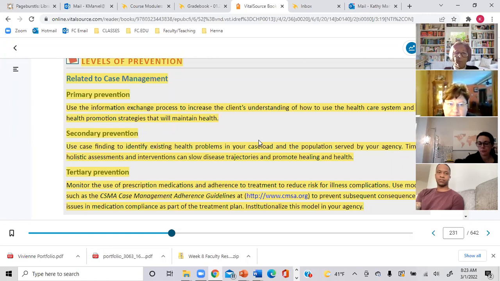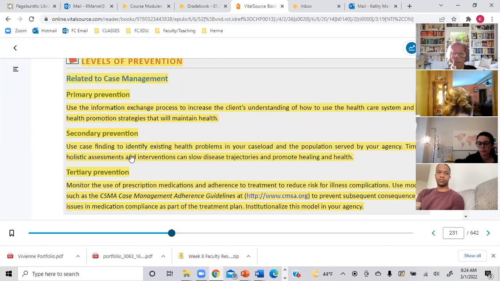We're teaching, trying to increase the client's understanding of how to use the healthcare system, to hopefully teach them health promotion strategies, to prevent them from developing a chronic condition that requires a case manager.